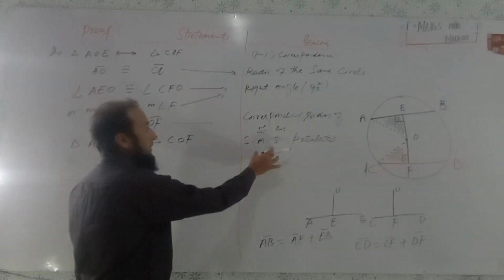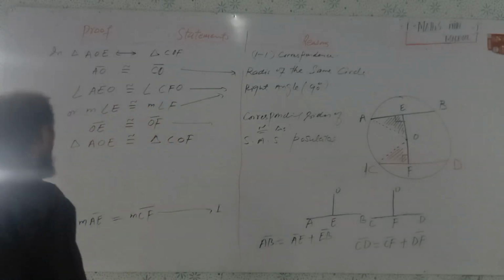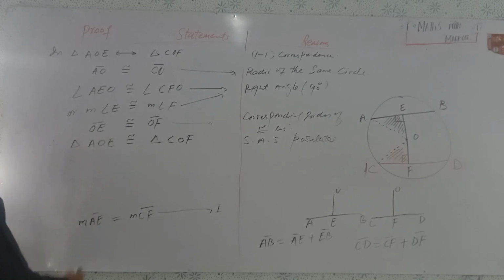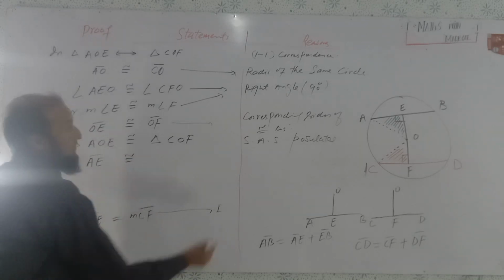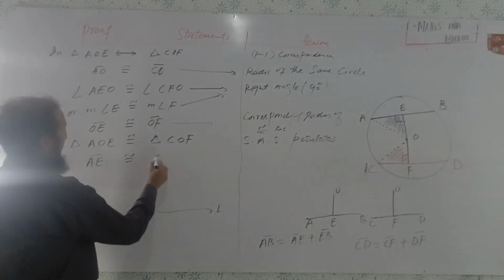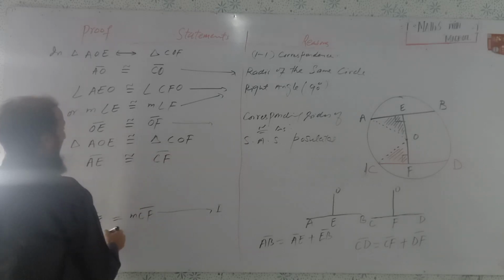It means measurement AE is congruent to CF, corresponding sides of congruent triangles.